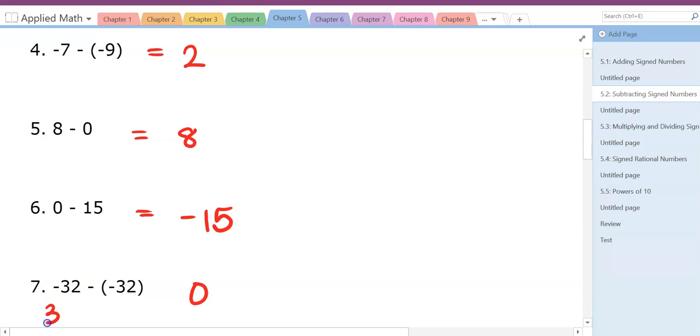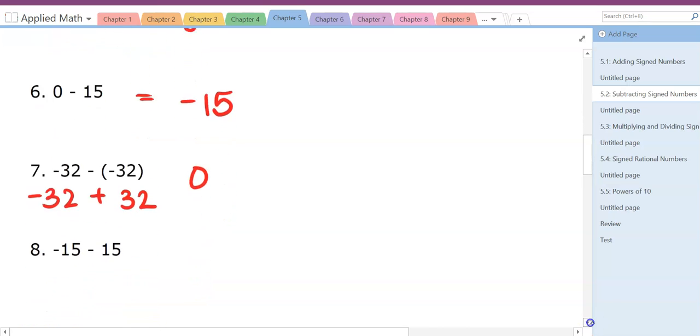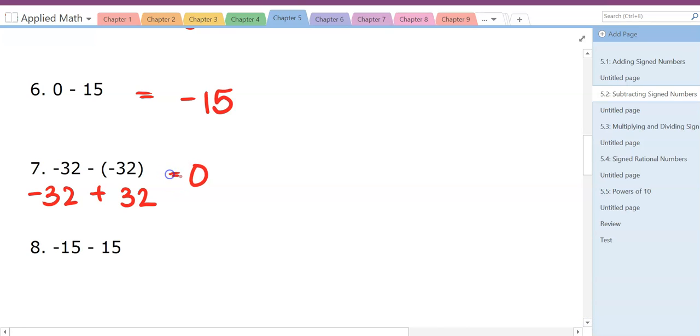This one, if you do your keep, change, it becomes negative 32 plus 32. We saw that yesterday. That's adding those opposites. And how about number 8? Good, negative 30. And if you want to see that, it would be negative 15 plus a negative 15, which is going to be negative 30.